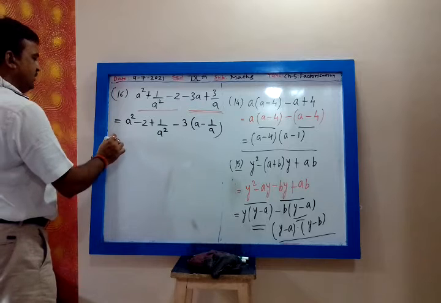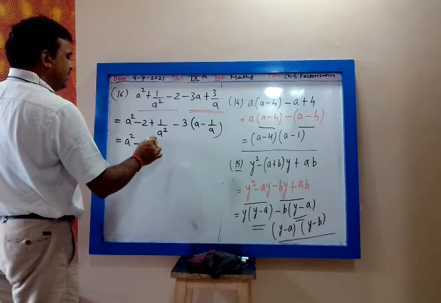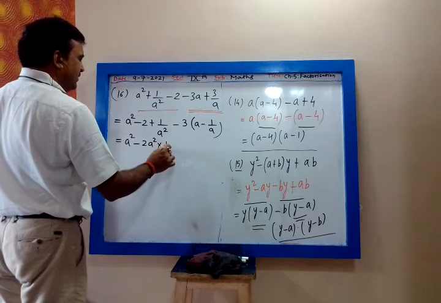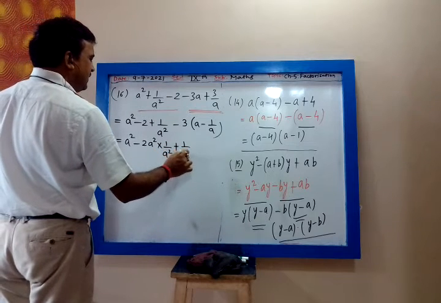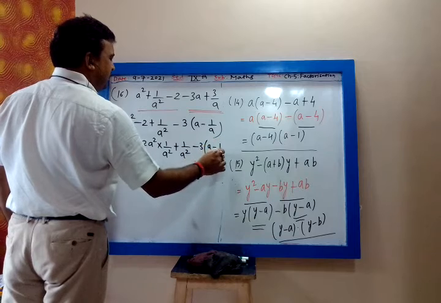Now a square minus 2 I can write as a square minus 2 into a into 1 upon a plus 1 upon a square, minus 3 into a minus 1 upon a. Okay, I am writing each and every step.